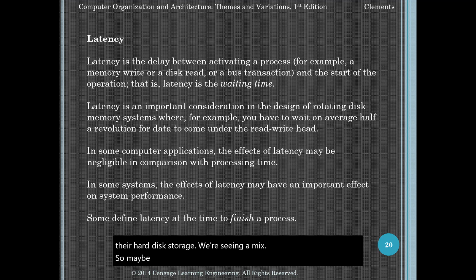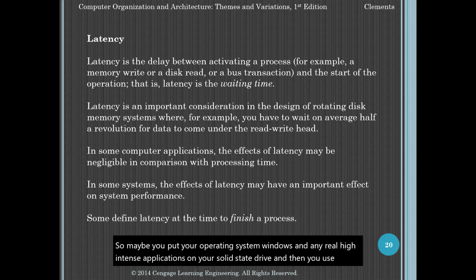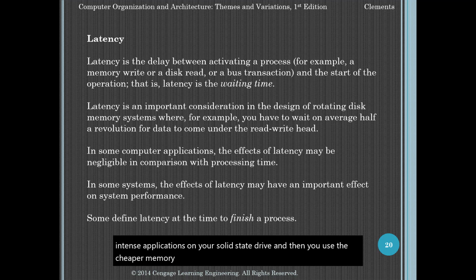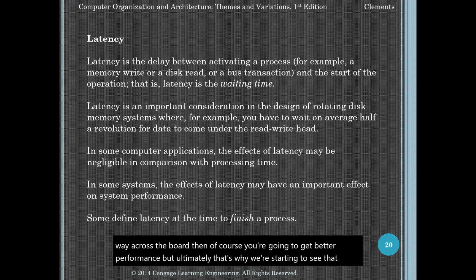So maybe you put your operating system like Windows and any really intense applications on your solid state drive, and then you use the cheaper physical disk for file storage and things that you maybe don't care so much about access time. If you can afford to put faster storage all the way across the board, then of course you're going to get better performance. But ultimately, that's why we're starting to see that trend.